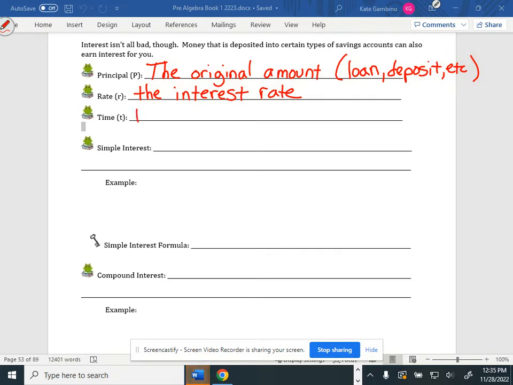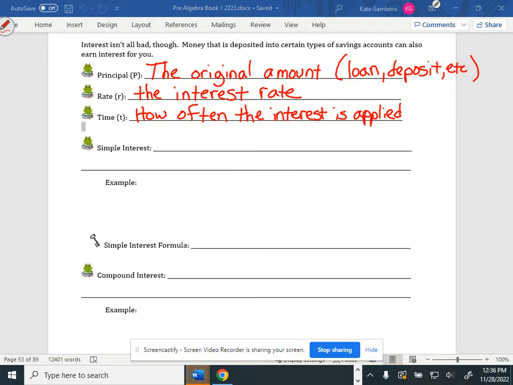How often the interest is applied. So maybe every month you earn interest, every year you earn interest. It's how often that interest is applied.